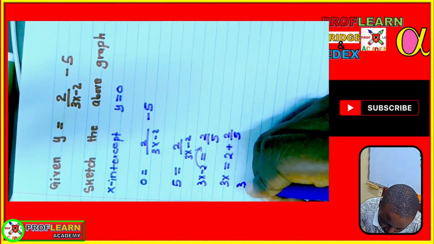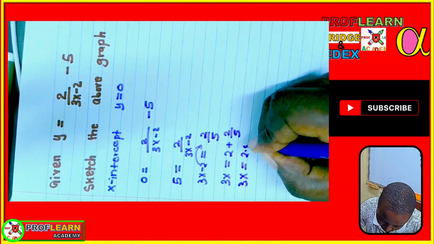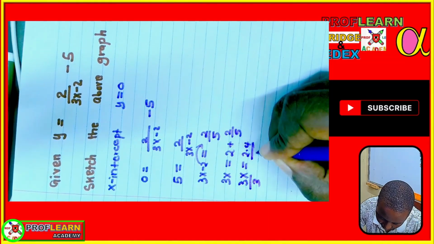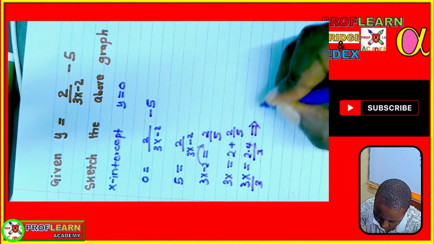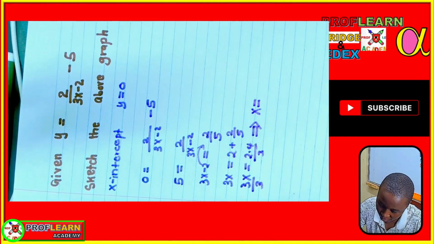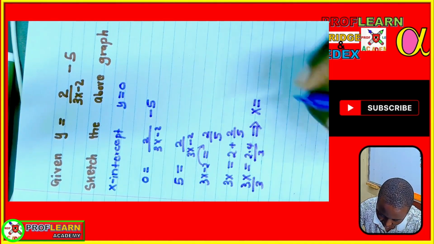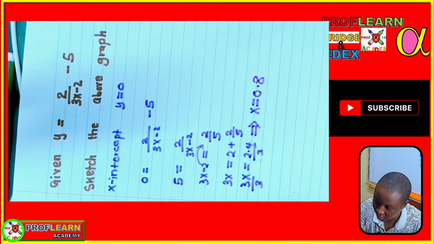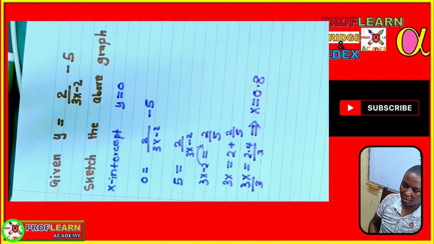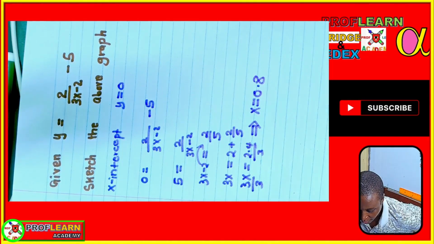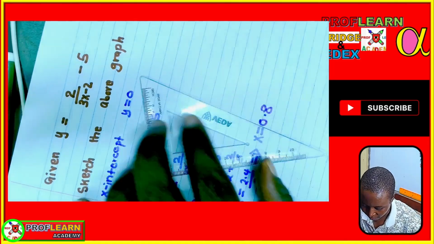So we shall have 3x is equals to 2.4, divide by 3 on both sides. So this implies that our x is going to translate to 0.8.